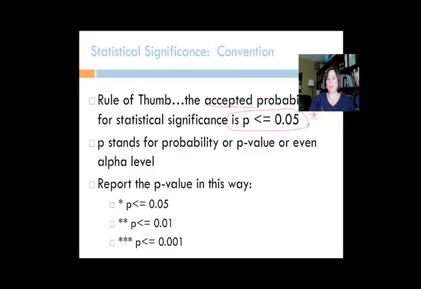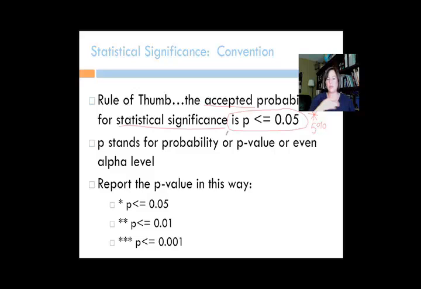Researchers have accepted that this level of probability is good enough, that the 5% chance of being wrong is reasonable to be able to say that your findings are statistically significant.